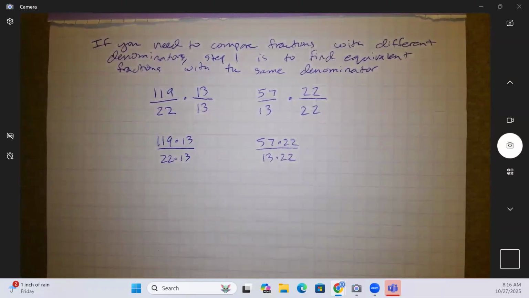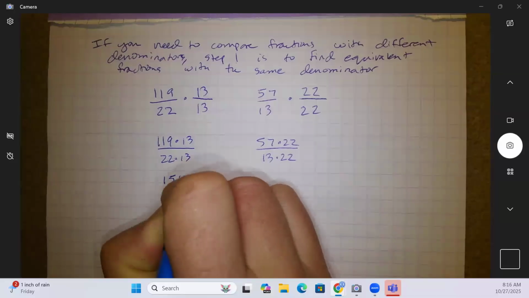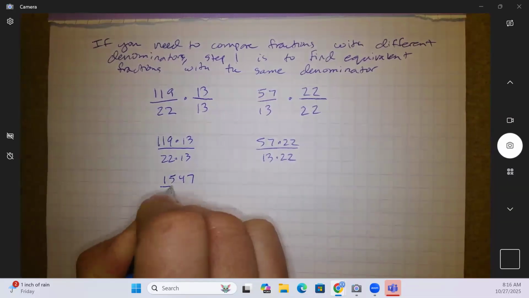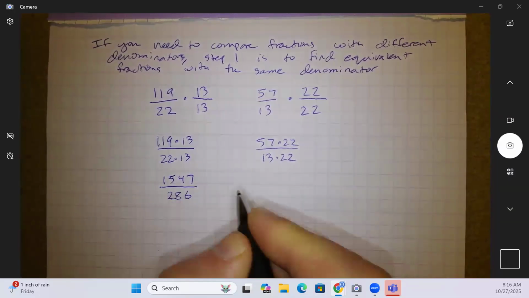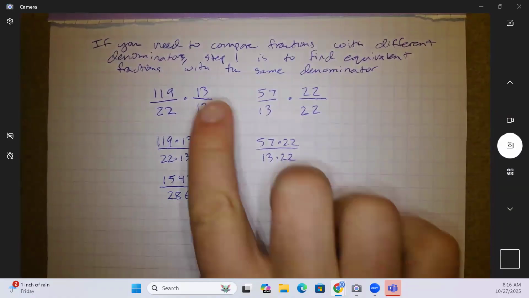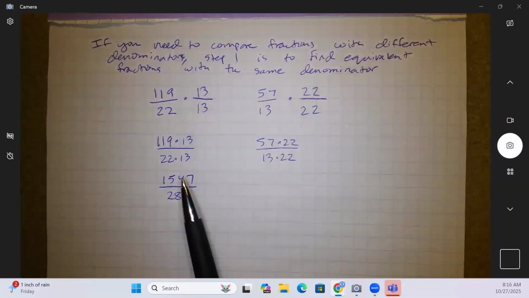So 119 times 13 is 1,547. 22 times 13 is 286. Right, this fraction, 1547 over 286, is equivalent to 119 over 22, because all I did was multiply the top and bottom by the same number.